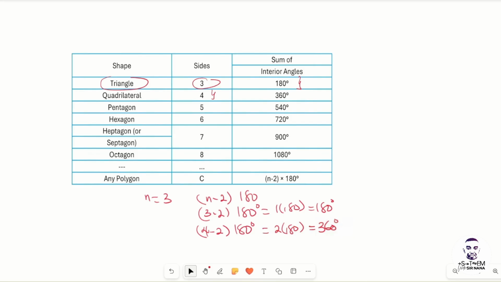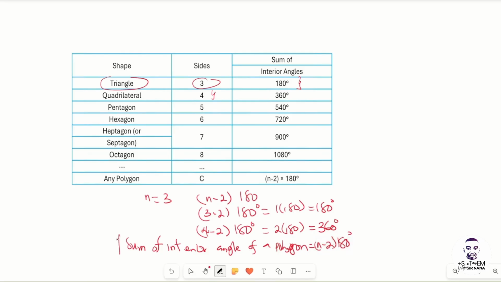So when we look at it on and on, it means that for any polygon, if you know the number of sides and you want to find the sum of interior angles of a polygon, it must be equal to n minus 2 multiplied by 180 degrees, right?